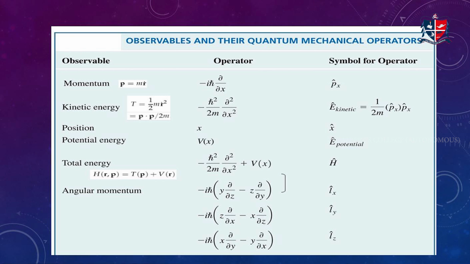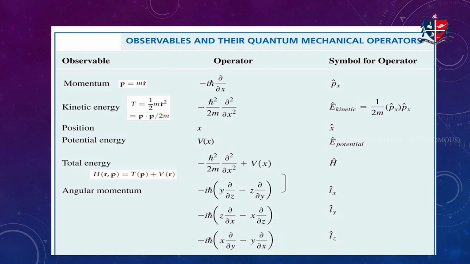So the first, simplest observable is momentum, and we know that momentum is equal to mass into velocity, and it is represented as small letter p, and the symbol for it is px, and this x represents a single dimension. If it is representing three-dimensional space, then it has to be represented by three directions x, y, and z.